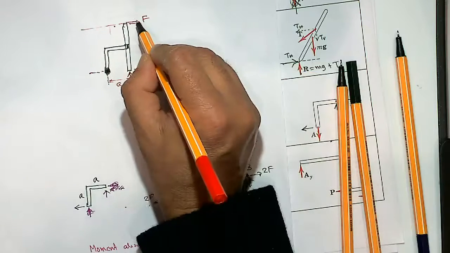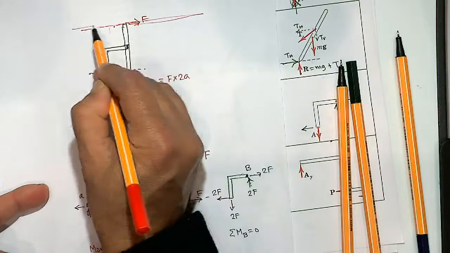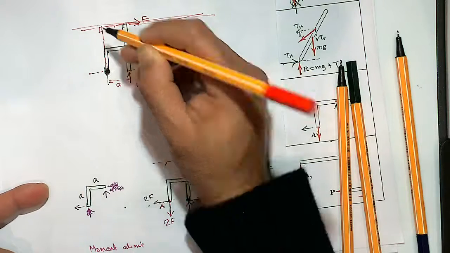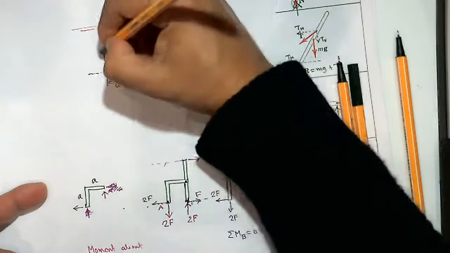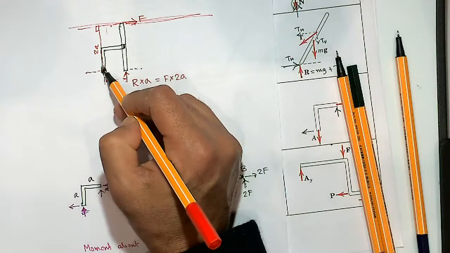Moment is you extend the line of action of the force. So this is the line of action of the force F, and you drop a perpendicular to that line of action of the force, and you measure that distance. So this distance is twice A. So F times twice A is the moment about this point.